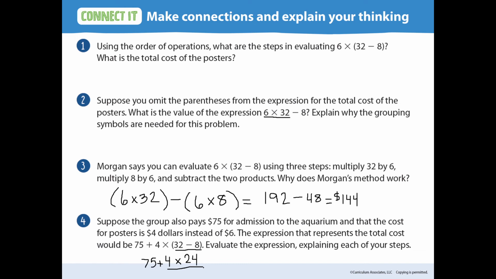So 4 times 24 equals 96. And we keep this part the same, 75 plus 96. And that is going to give us $171.